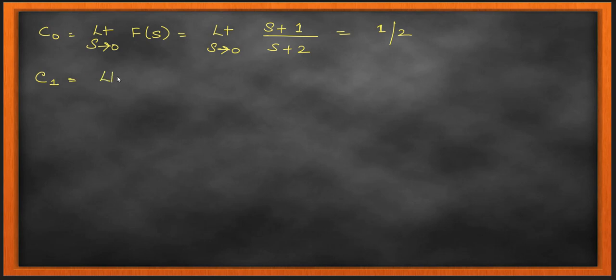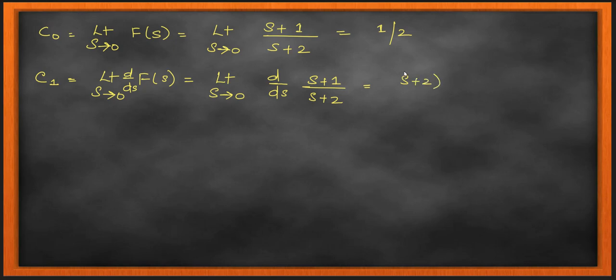So the d by ds of f of s gives you the c1, and this is again your fractional differentiation, that is u by v. So you have to do it in the same way as we did for the previous one, v du minus u dv divided by v square. I'll do the same, and I think this is the same, so I should again get 1 upon s plus 2 the whole square, right?